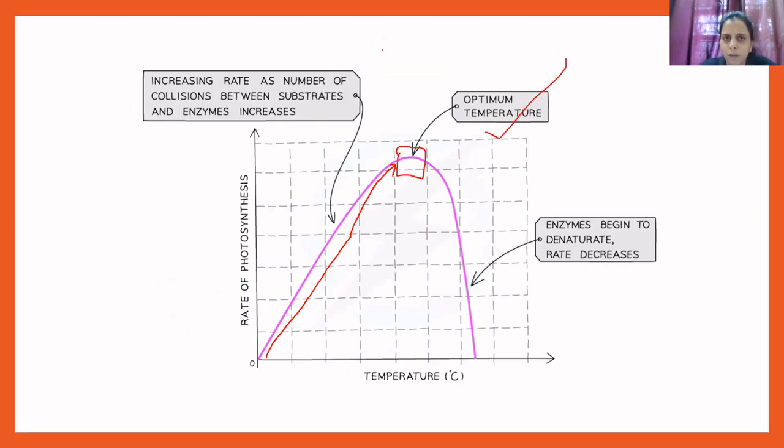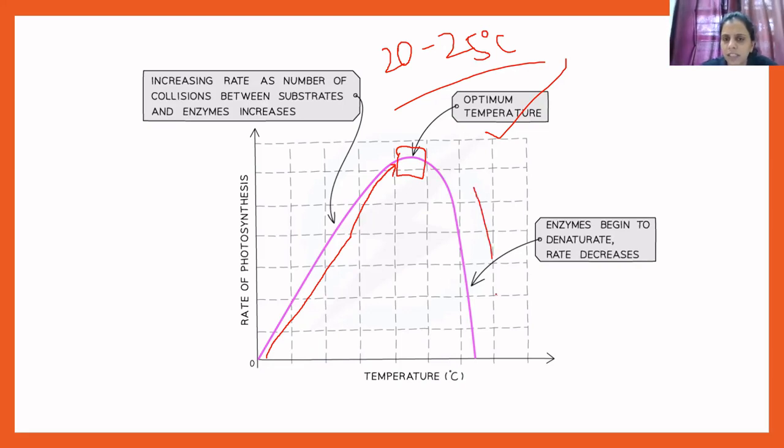In case of plants, the optimum temperature for all the enzymes is generally between 20 to 25 degrees Celsius, okay. But what happens if temperature increases beyond optimum temperature? If temperature goes beyond optimum temperature, the rate of photosynthesis decreases, okay.